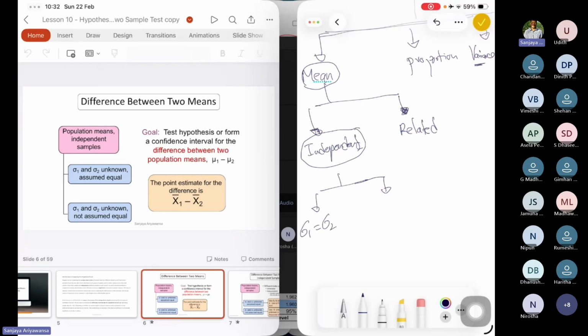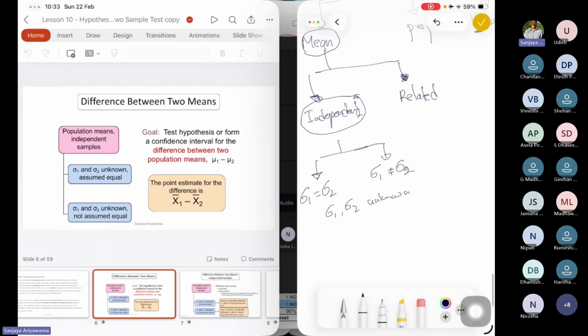The other one is sigma 1 and sigma 2 are unknown, but they are not equal. So in both cases sigma 1, sigma 2 are unknown. But where it differs is, in one case, both are assumed to be equal. In the other case, both are assumed to be not equal under the independent case of hypothesis testing.